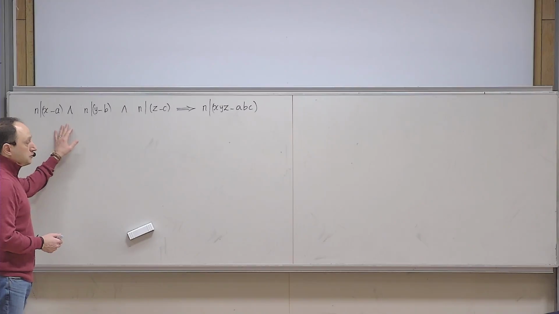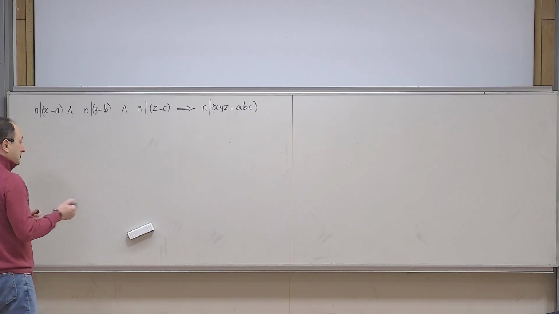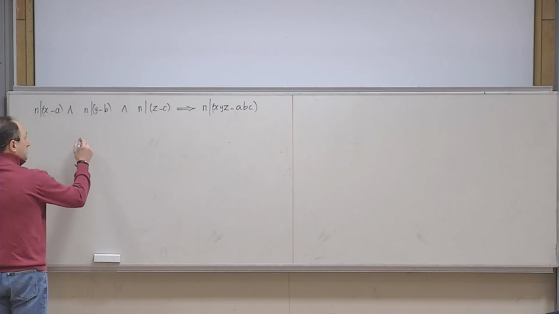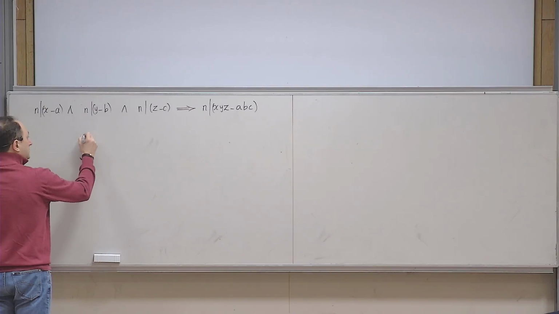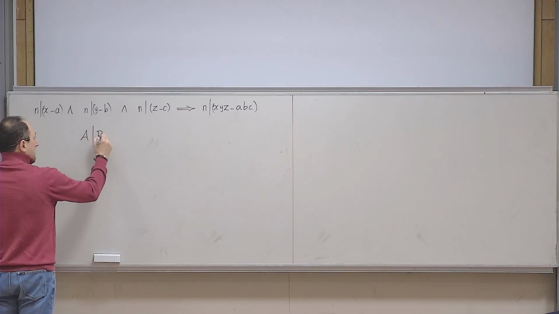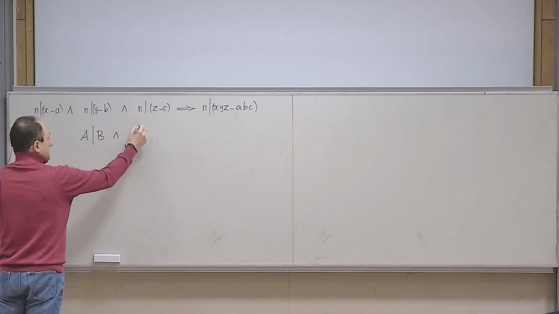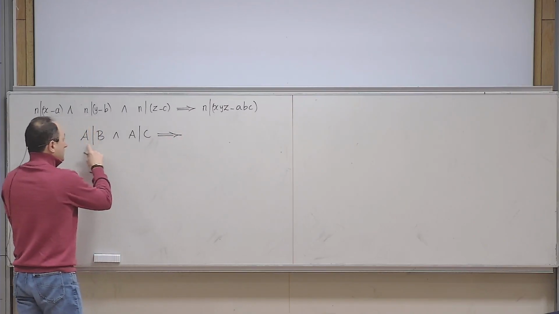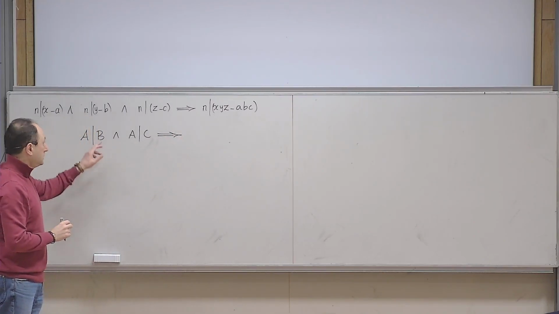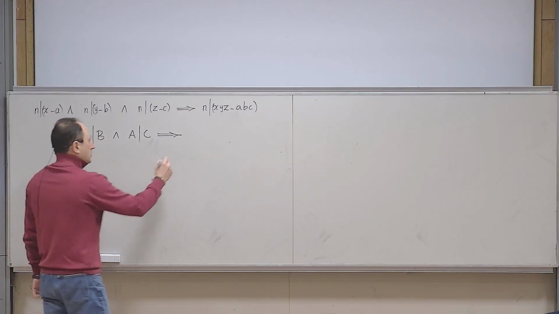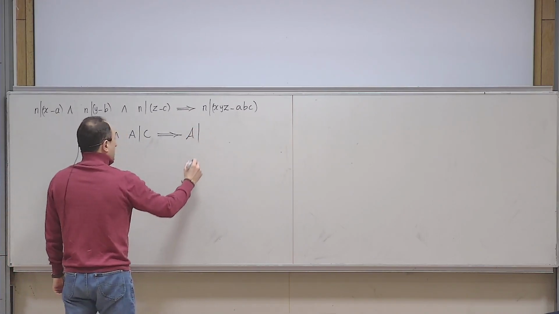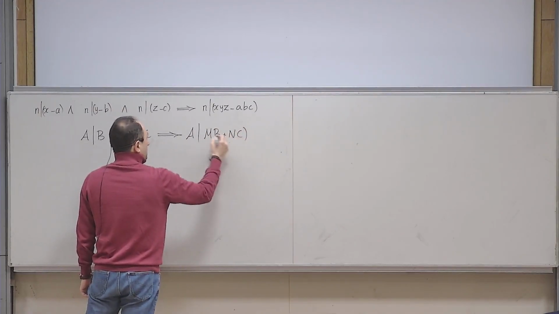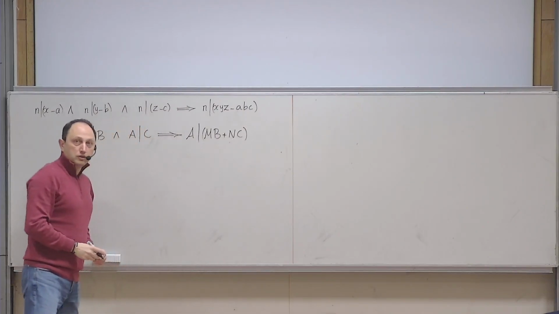The theorem that I want to use here is the theorem that I presented in the previous lecture. If I know that an integer a divides b and simultaneously divides c, then the theorem tells us that this number divides any linear combination of b and c. So I can conclude that a divides, for example, mb plus nc, in which m and n are integers.